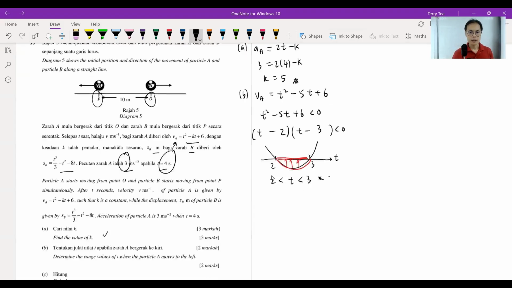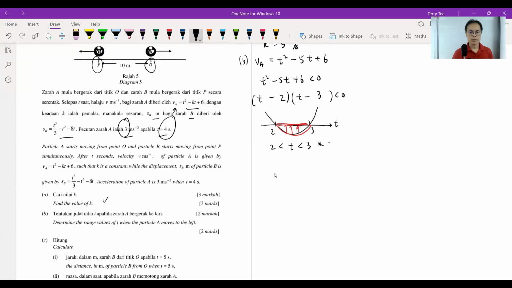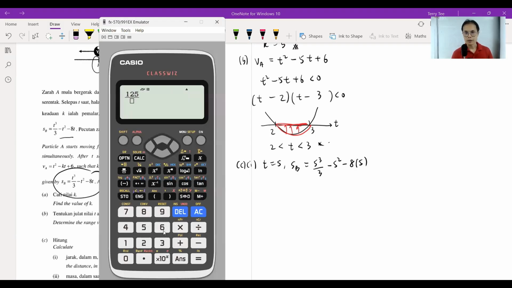Okay, next. They say hitungkan jarak yang zarah B dari titik O apabila t equals to 5. Okay, so we know sesaran zarah B. So we put here, when t equals to 5, your displacement of sesaran is 5 power 3 over 3, minus 5 power 2, minus 8 times 5. You can use a calculator. 5 power 3 is 125.